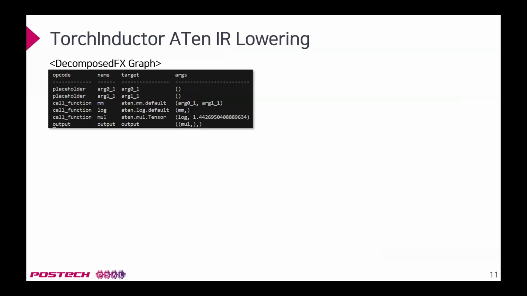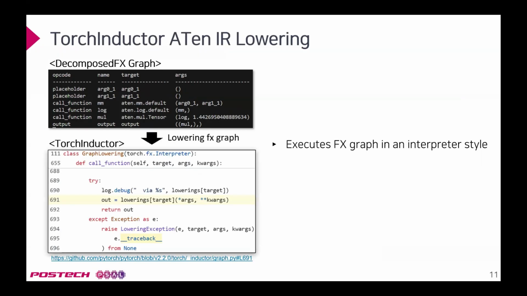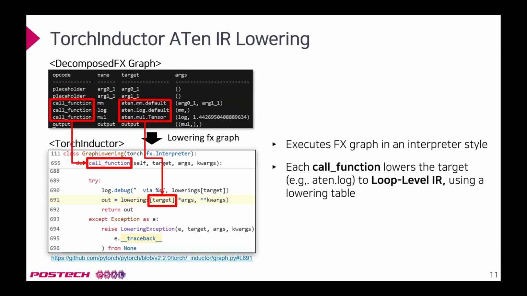Next, let's examine the code level process of lowering the decomposed ATen IR into loop level IR. Torch Inductor executes the FX graph in an interpreter style, traversing each node one by one. As you can see, when the interpreter encounters a call_function node, it accesses a lowering table. And this table uses the ATen IR as a key to retrieve its corresponding loop level IR.